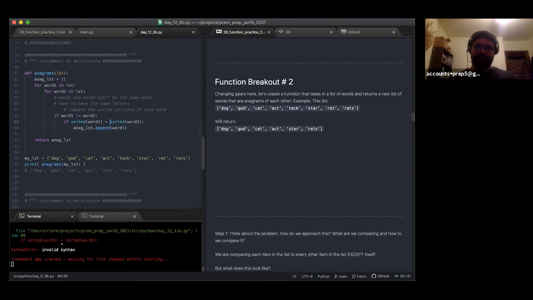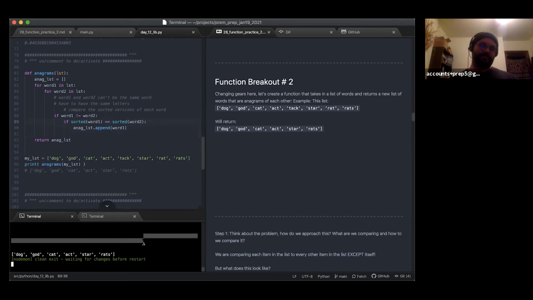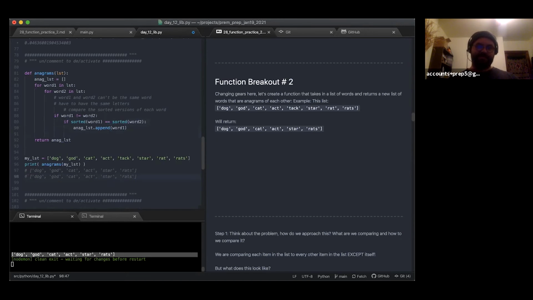Oops, I have an assignment, not an equality operator. All right, so I get dog, god, cat, act, star, rats. Let's just compare that to my expected output, and that's the same, right?